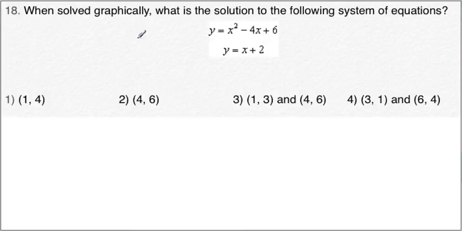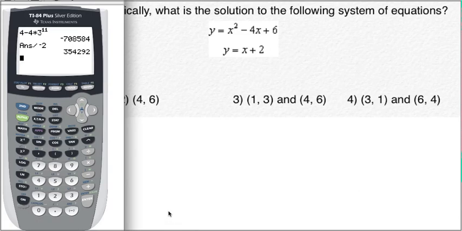Number 18. When solved graphically, so how do you find it? Okay, let's try to do this one graphically. So what we're going to be doing is just taking out our calculator and pressing y equals.